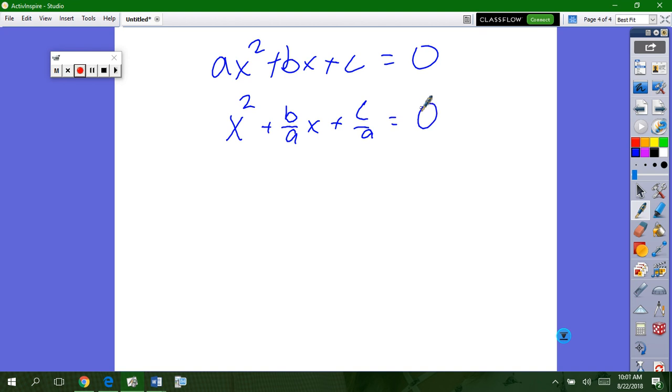Is c over a half of this guy squared? No, so I'm going to get him to the other side. Okay? So to fill in the blank, remember, I would cut this guy in half. What's half of b over a? b over 2a. Does that make sense?